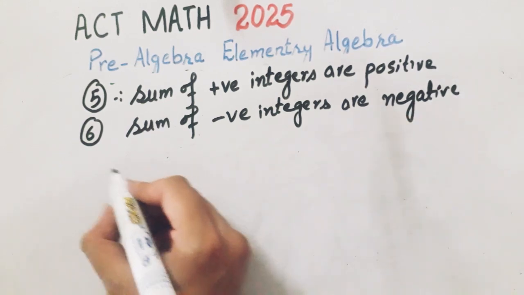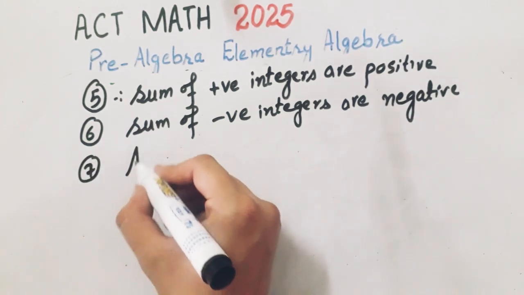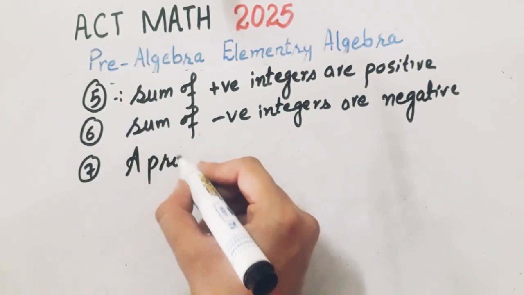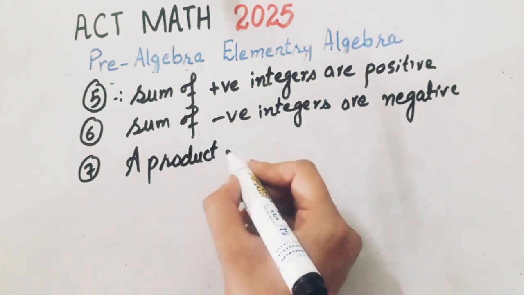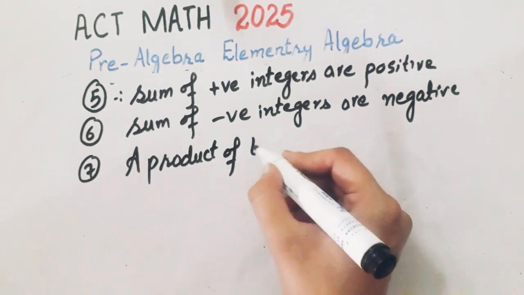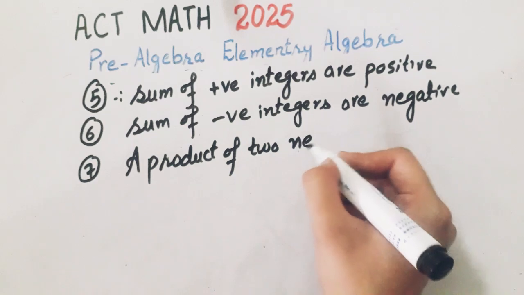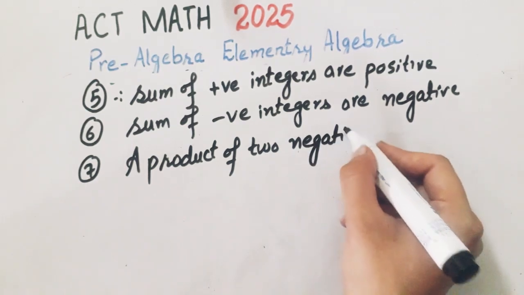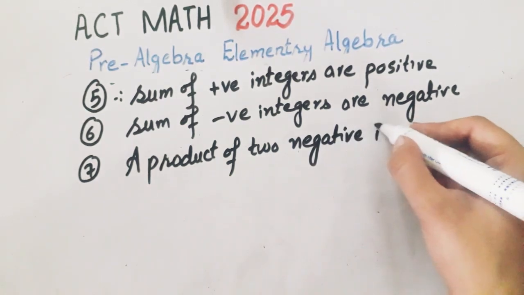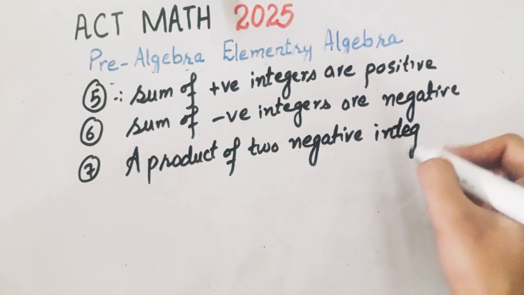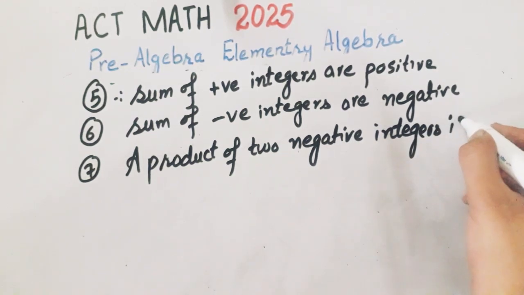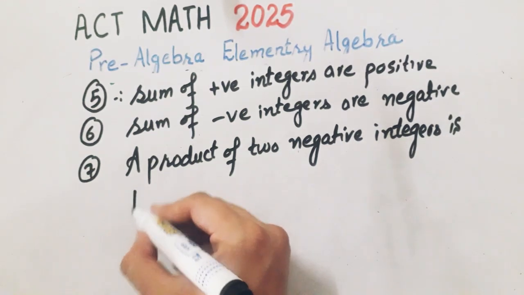Rule number 7 is a product of two negative integers is positive.